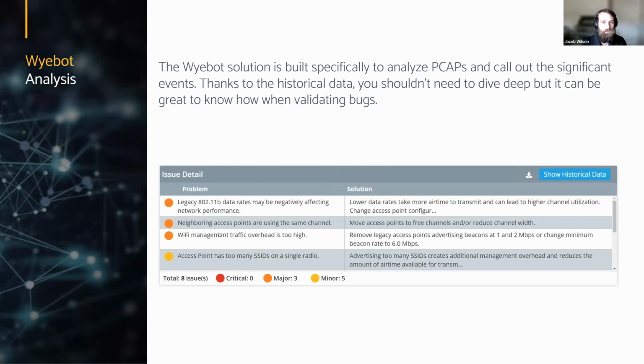This is all based on packet capture analysis. So with this data, again, you probably don't need to get into the packet capture yourself because we are fleshing that out for you. But that being said, if you need to validate or debug, or you're working with a vendor or whatever, you can download the capture file. Okay, so that's YBot's approach.